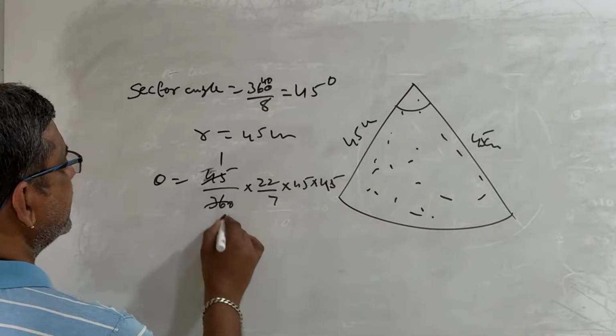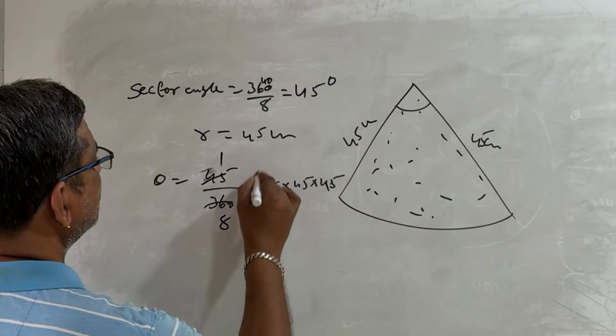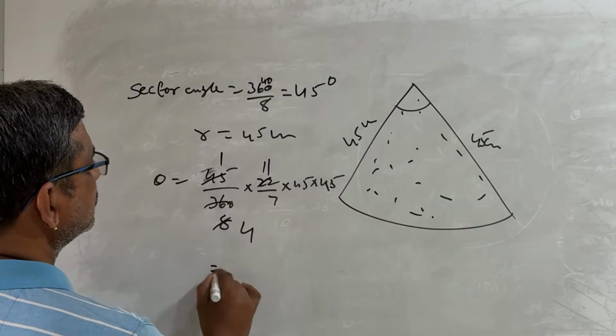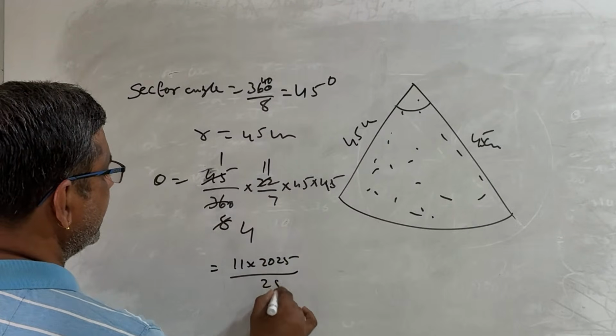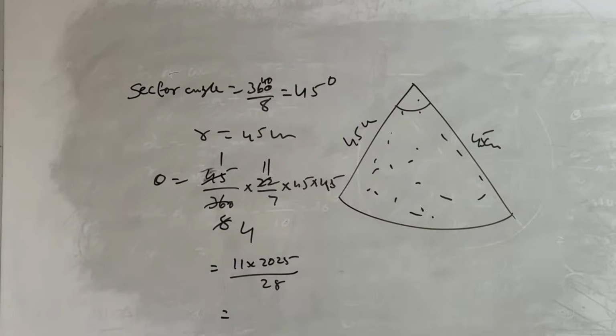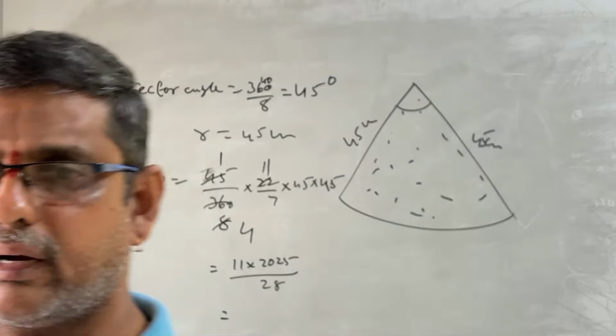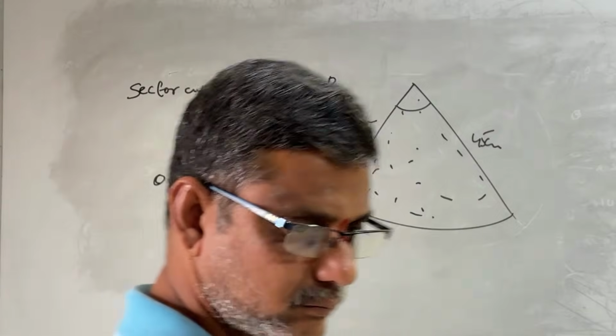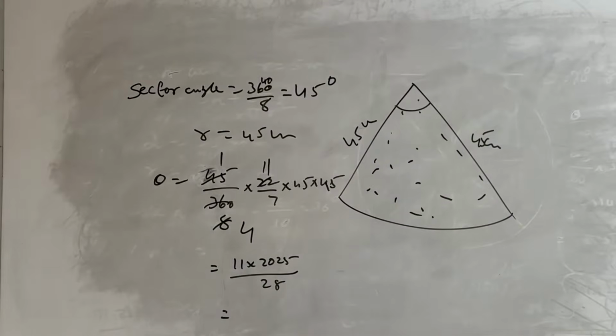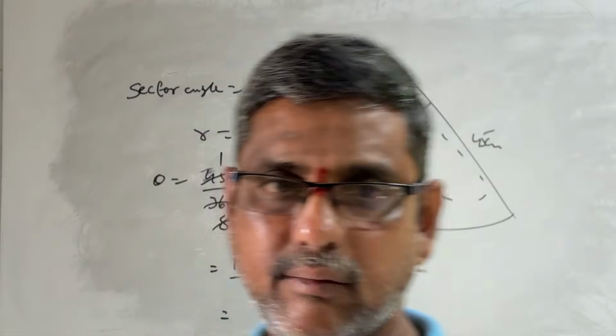This is 1 by 8, times 11's... 11 into 2025 by 28. The answer is 795.5.